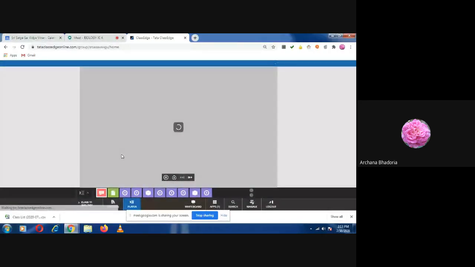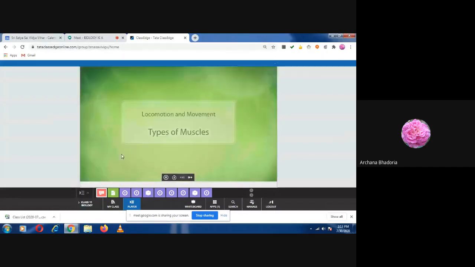How are you able to move your hand or your fingers? Muscular system. Okay. So write down quickly in your notebook that two organ systems help in movement and locomotion. They are the skeletal system and the other one, the muscular system.